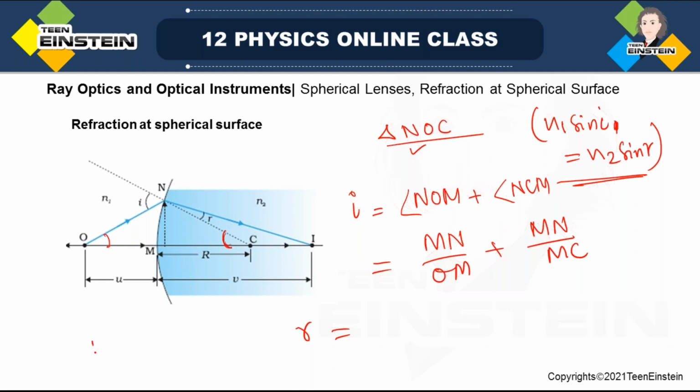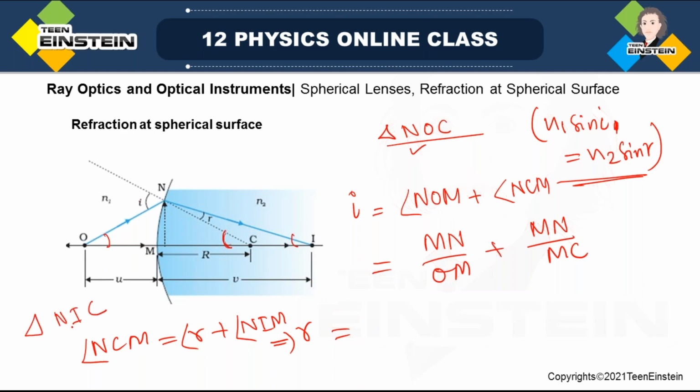NCM is the exterior angle, that is equal to R plus the angle NIM.